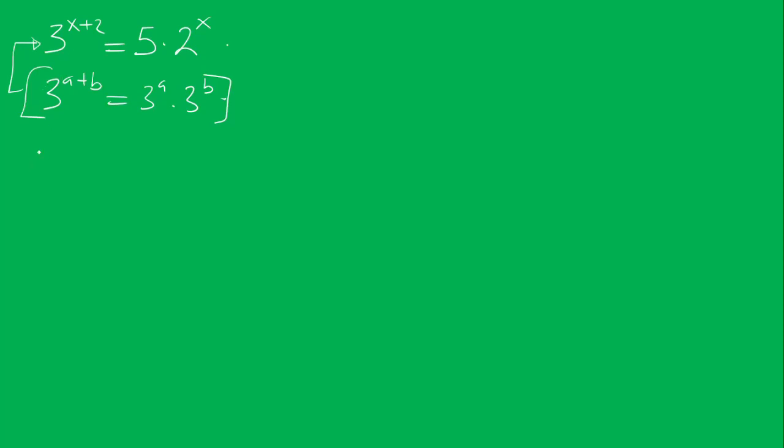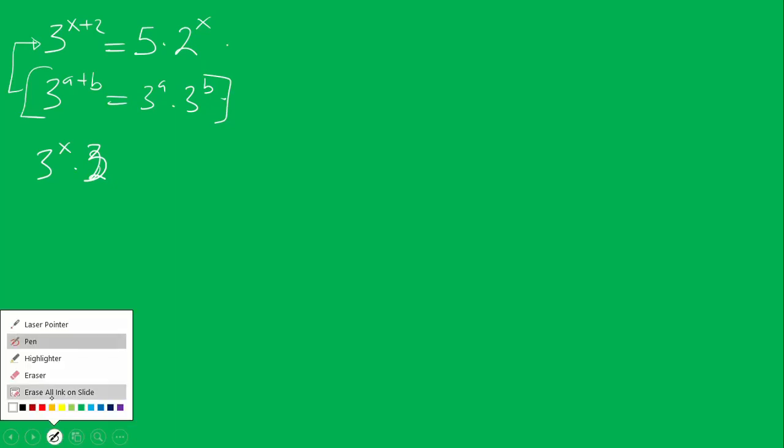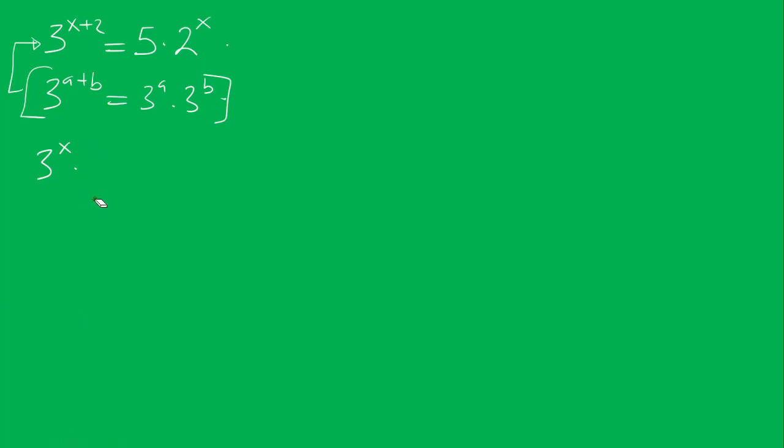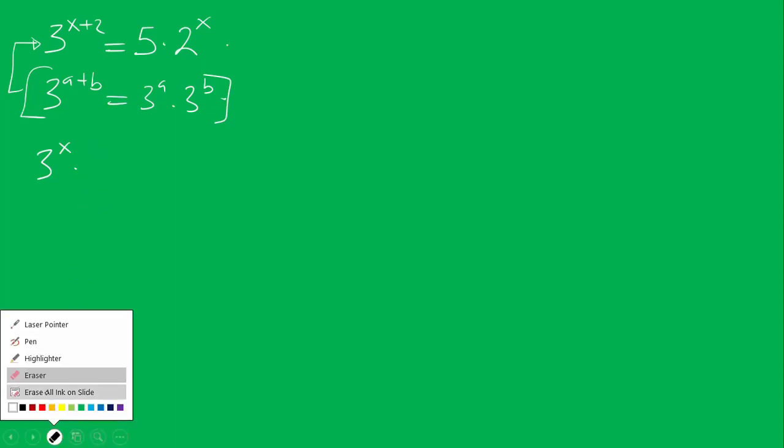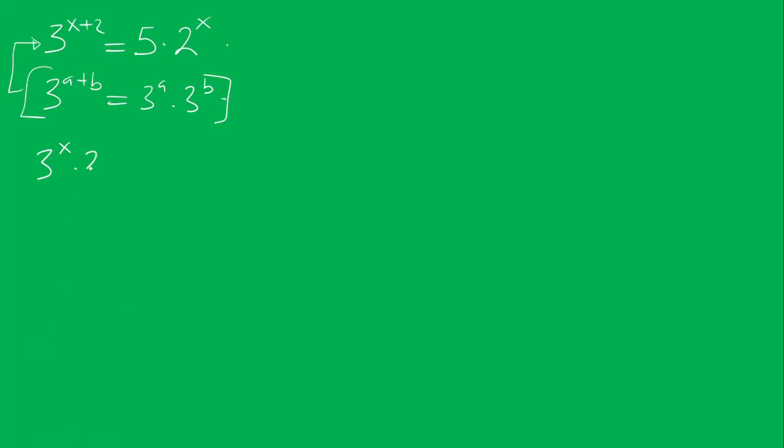Now we are going to have 3 to the power x times 3 to the power 2 equals 5 times 2 to the power x.